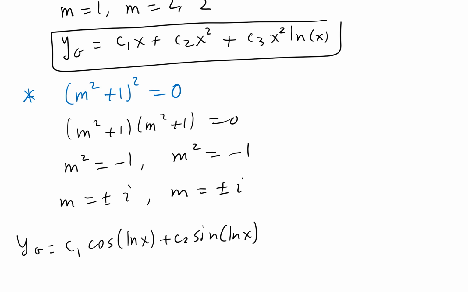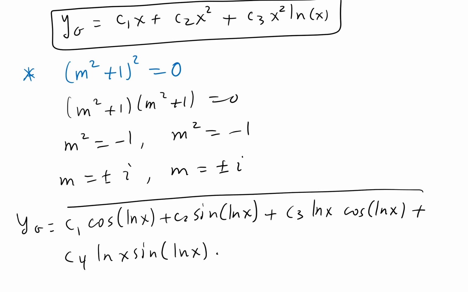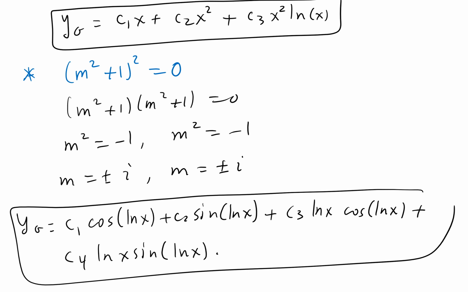That's from the first part. Plus c3, we have to multiply by natural log of x, cosine natural log of x, c4 natural log of x sine natural log of x. Anyone has any questions about this?